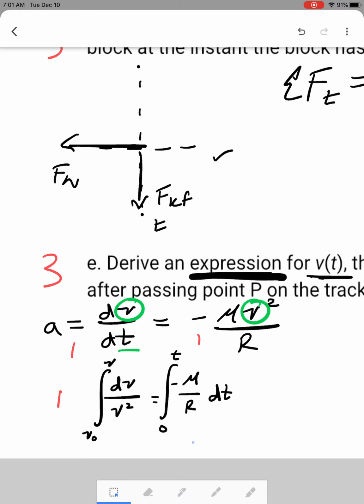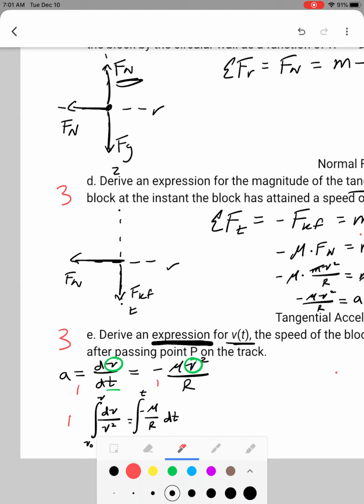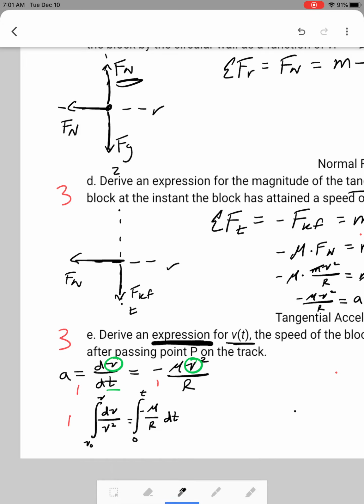Now, you certainly could evaluate the integral, but here's what you need to recognize: there's usually like 1 point built into actually evaluating the integral. So do not waste your time simply evaluating the integral because it's really not that important.